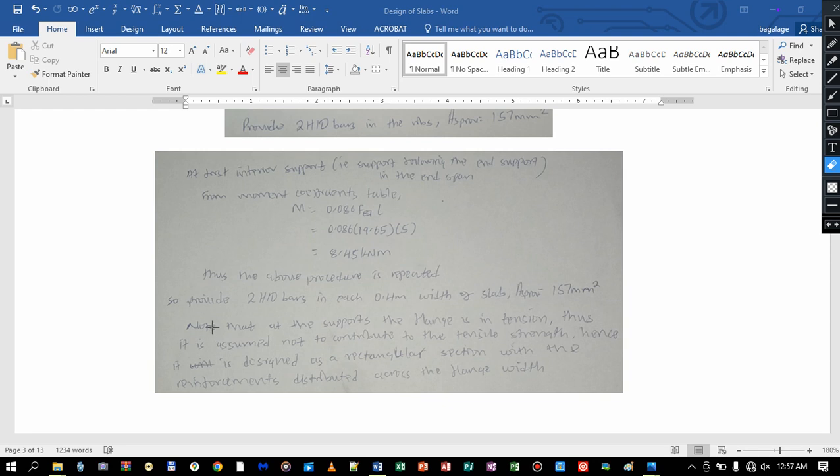And there is a point to note here that at the supports the flange is in tension. At the support, the top bit of the section is in tension. So the portion of the section above the neutral axis is in tension. That's what it means.